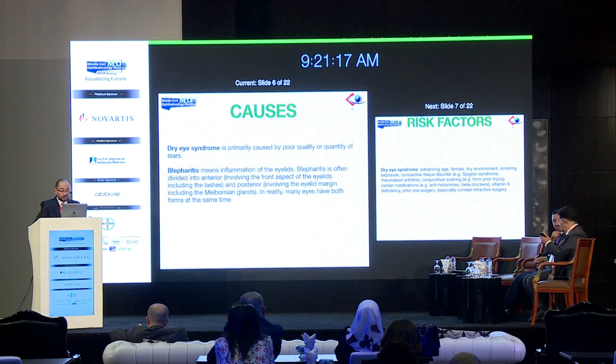Now, dry eye syndrome is primarily caused by poor quality and quantity of the tear. Blepharitis means inflammation of the lid, and is often divided into anterior and posterior. In reality, many eyes have both forms at the same time.